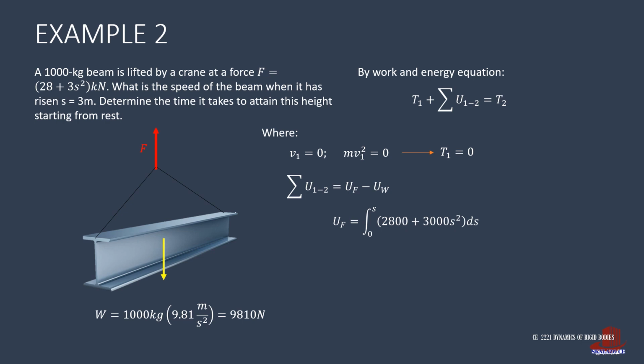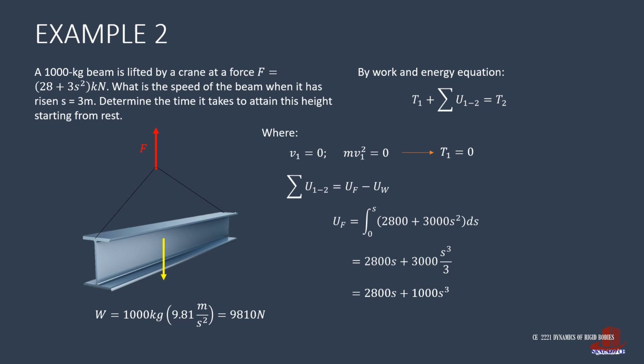The integral of the quantity of 2,800 plus 3000 with s squared ds is 2800 s plus 3000 s cubed all over 3, which can be simplified as 2800 s plus 1000 s cubed.